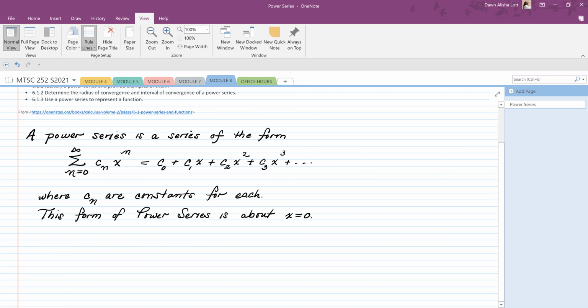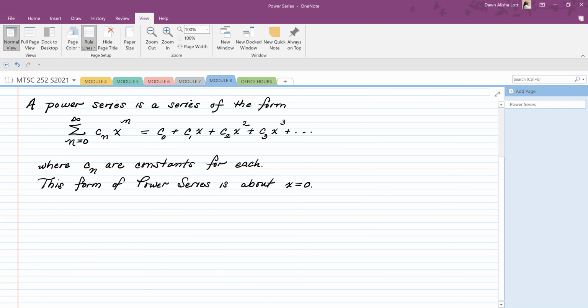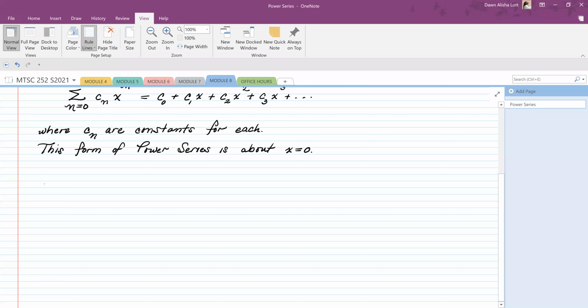Okay, so we can also talk about a power series about x equal to a. In other words, that means it's going to be centered at a.